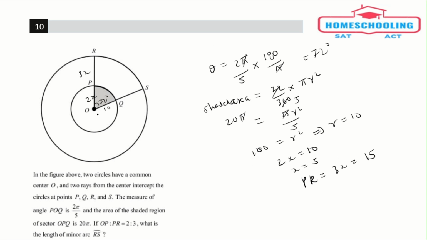Now the question asks for the length of minor arc RS. First we need to find the radius of the largest circle, that would be 2x plus 3x, so 5x. OR is equal to 5x, so 5 into 5 is 25.